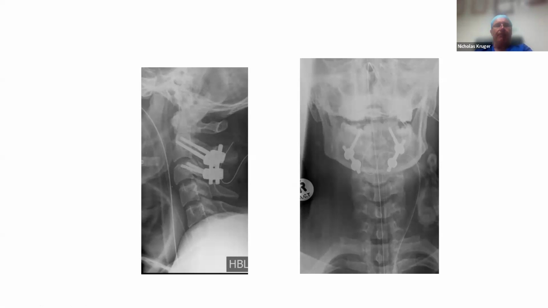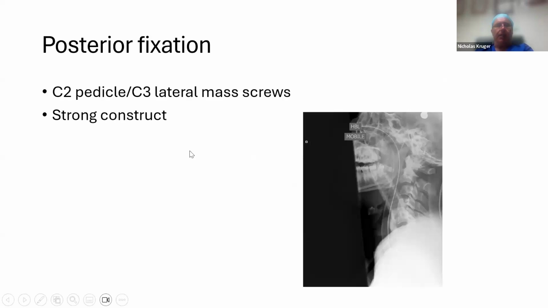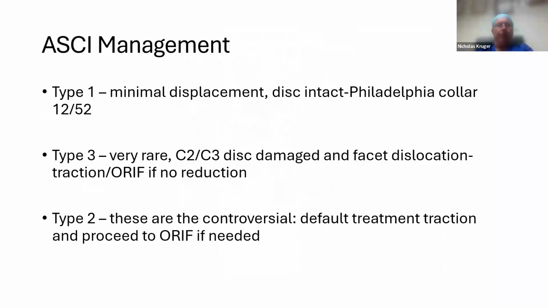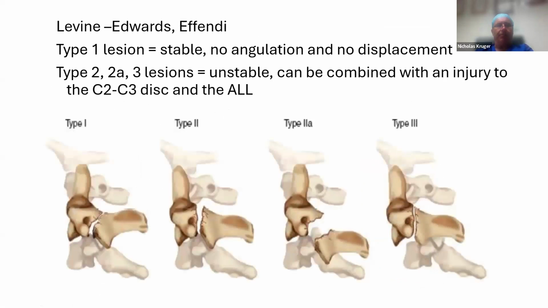It may be that they feel they can't get a good fixation because the fracture line is there and you've only got some screw threaded into C2. But I don't find that a problem, because I don't have a CT here, but you haven't got the whole length of the pedicle to fix the plate.